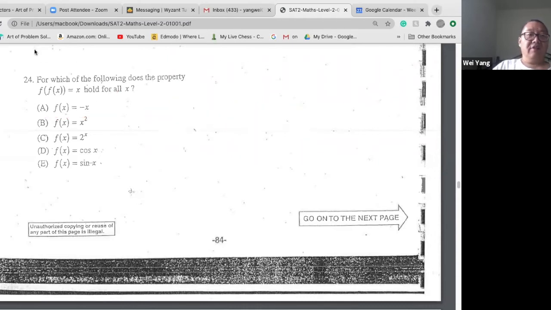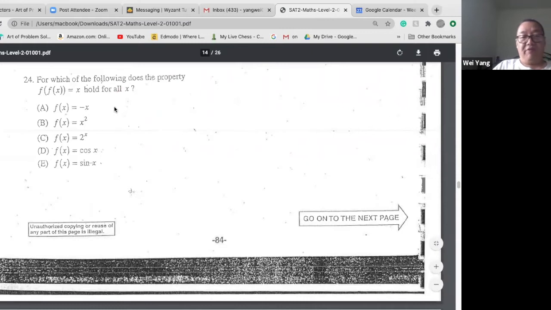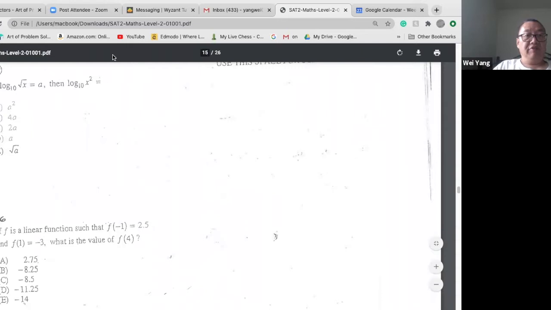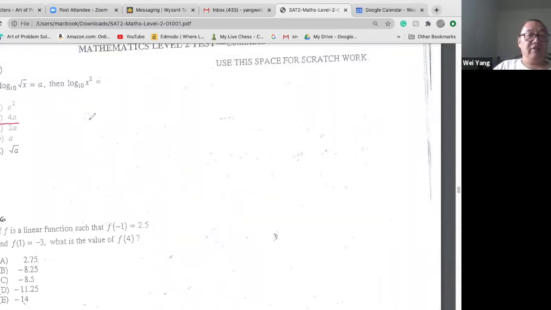Now let's see 25. What's your answer for 25? B. B for A. Now let's see. They give you this. They ask you to find log 10 x squared.